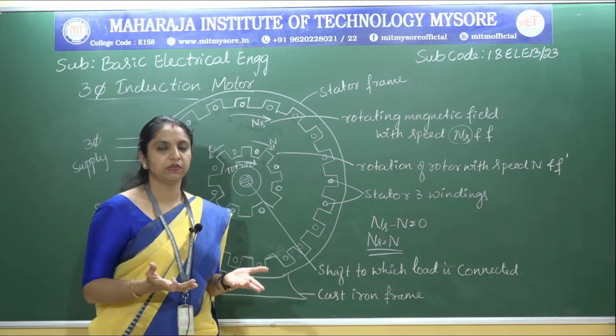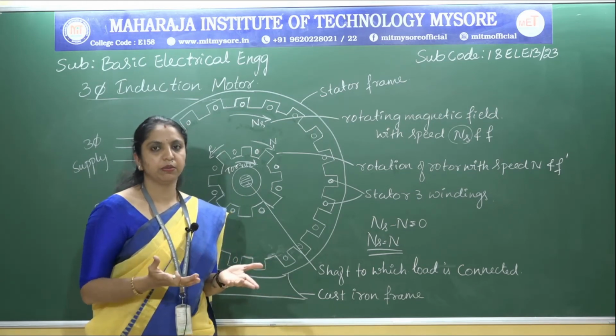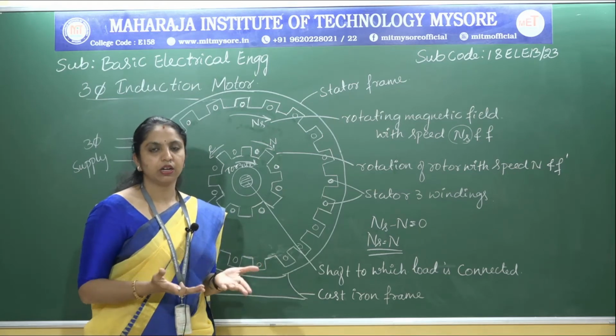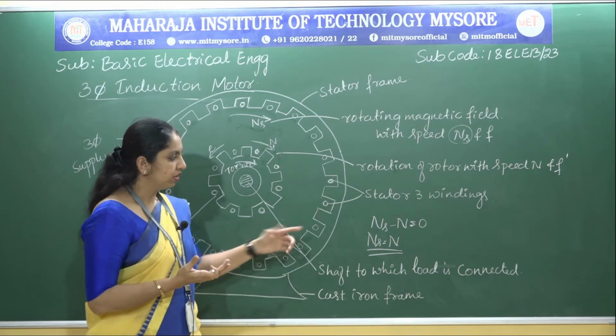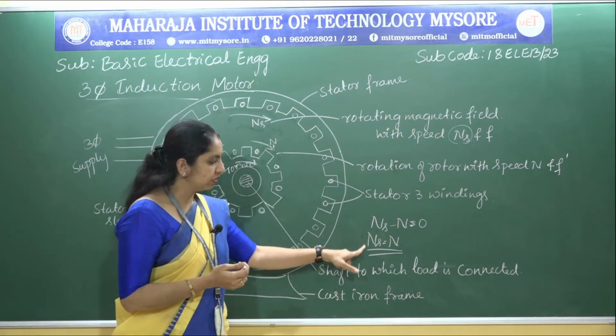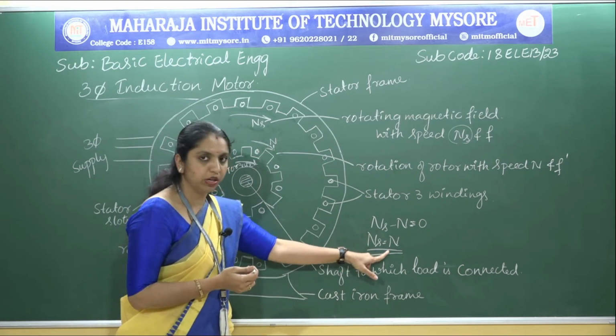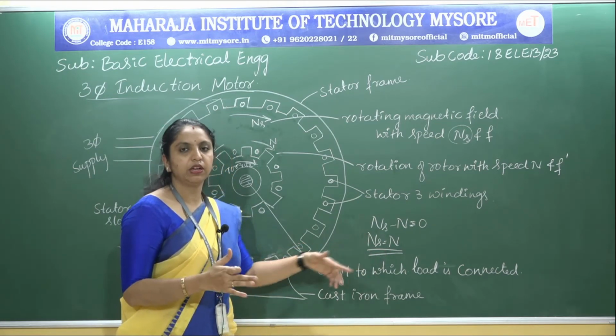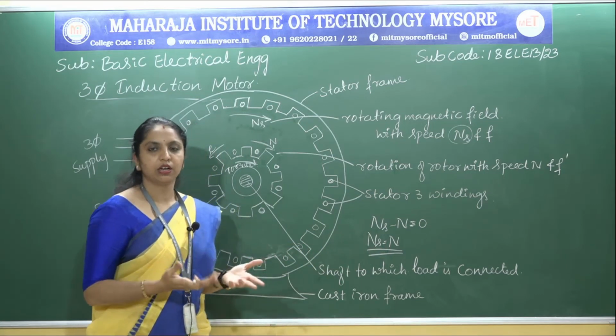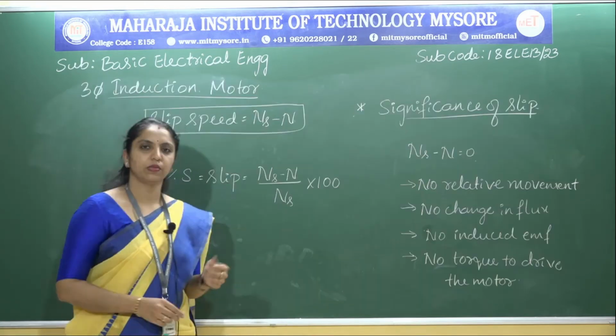When there is no change in flux, there is no EMF. Of course, when there is no EMF, there will not be any torque produced. So remember, because of this reason, when ns is equal to n, finally there will not be any torque produced in the machine.